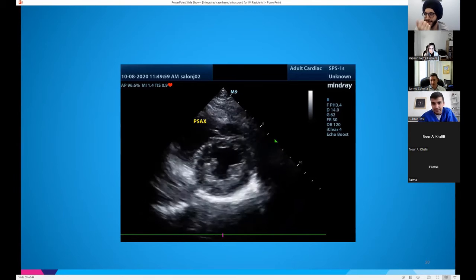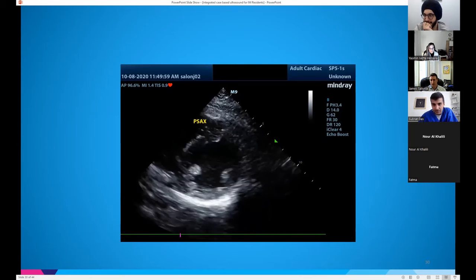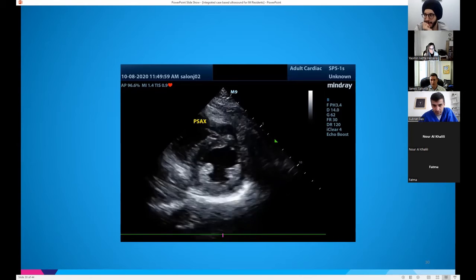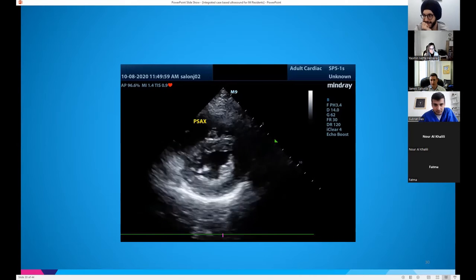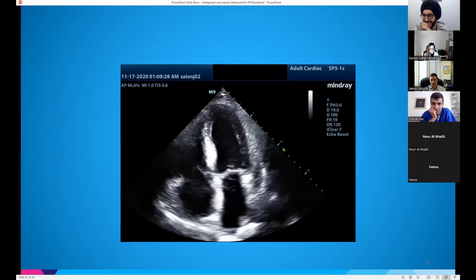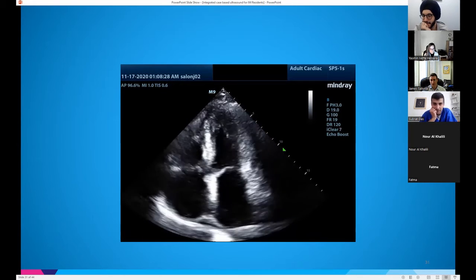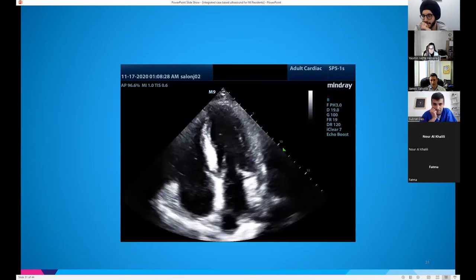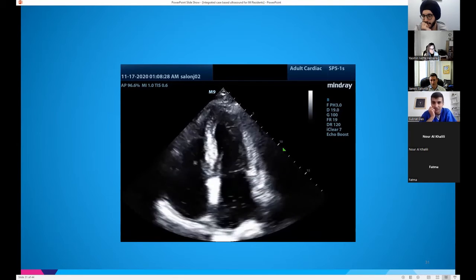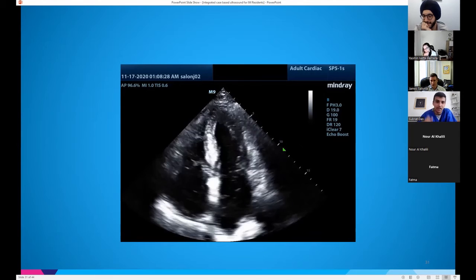There's a short axis at the papillary muscles, I would say. Good contractions of the LV. Excellent. RV looks okay-ish as far as I can see. Again, the apical four-chamber, without quantifying numbers, looks like decent contractions of the ventricles bilaterally.